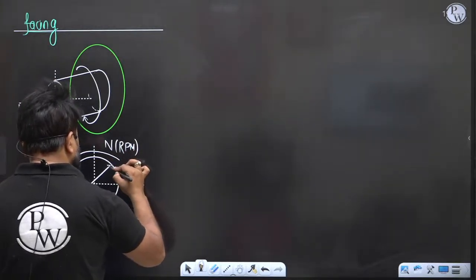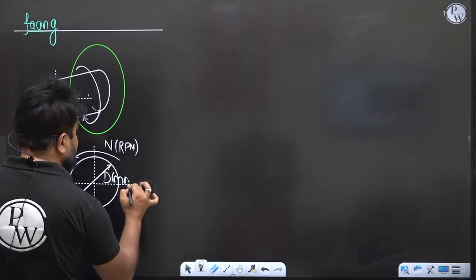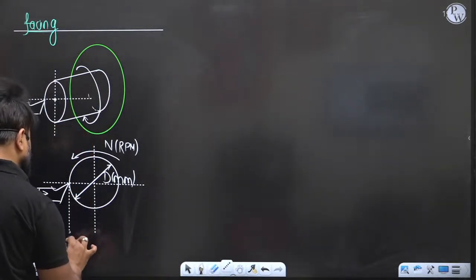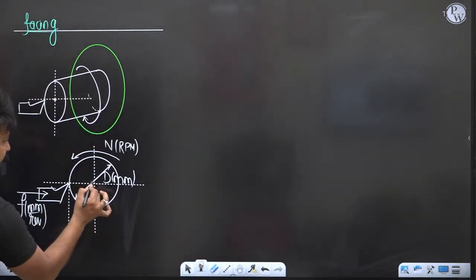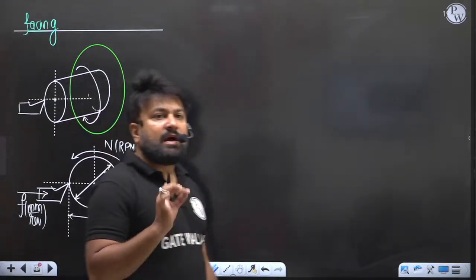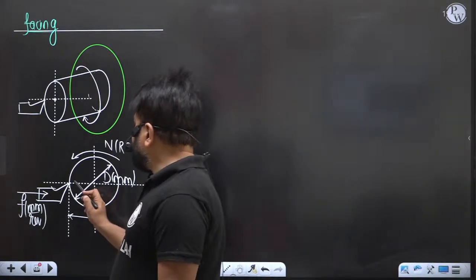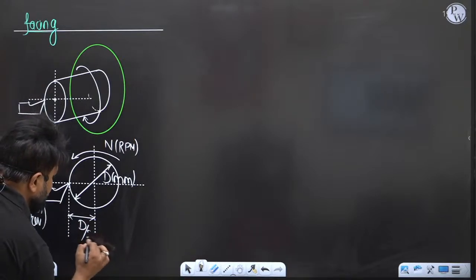This is the diameter of the workpiece, in mm. In facing operation, the distance covered by the tool from the outer periphery to the center will be d by 2.